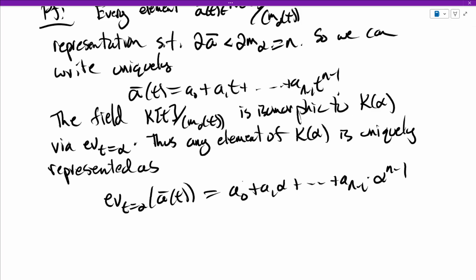And then let me just write one thing. This a0 is really a0 times 1. Right? So we have a unique representation where the a0 through a_{n-1} rather are in k. I didn't specify my variables up there. Sorry. Okay, so this is unique.